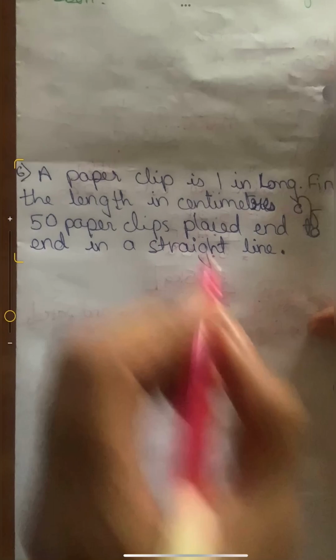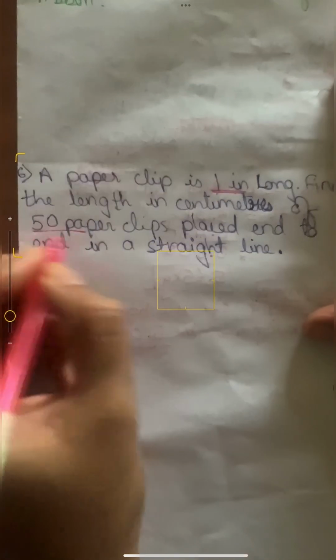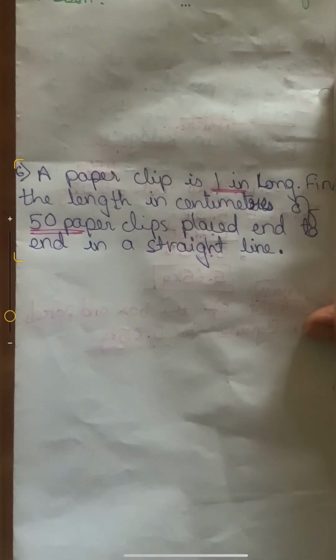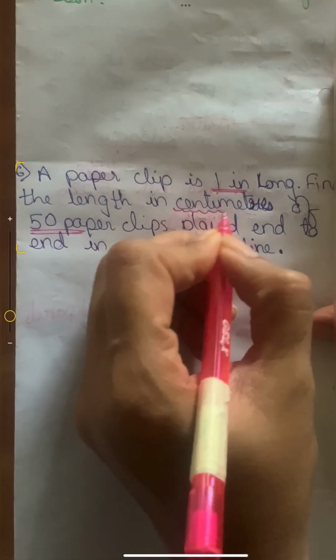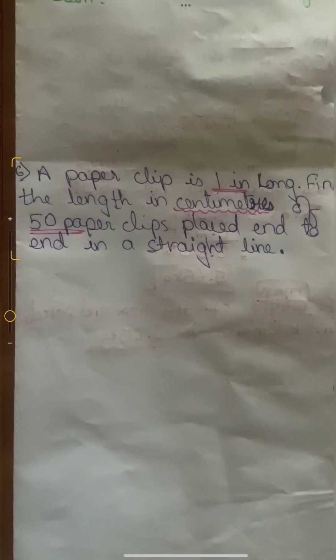My underlining process begins with: it is 1 inch long. It wants 50 paper clips placed end to end, but we have to find it in centimeters. Perfect. So let's make our first statement.